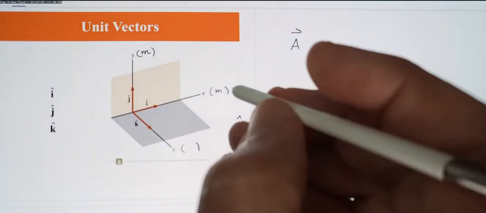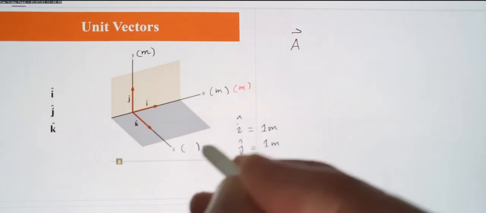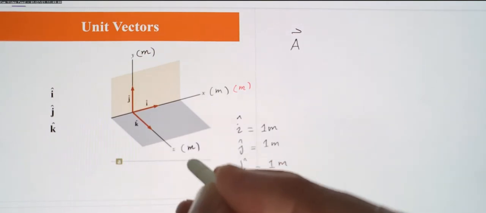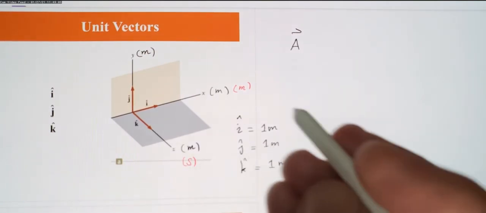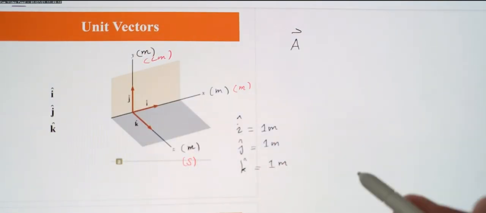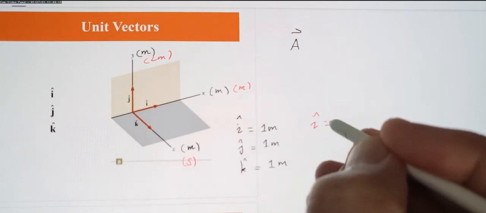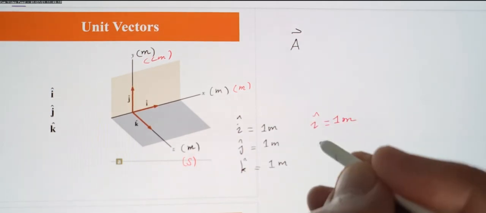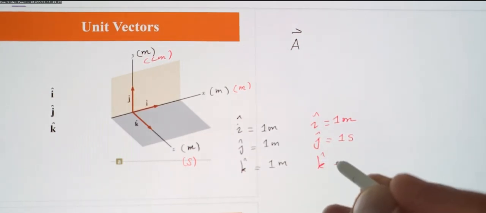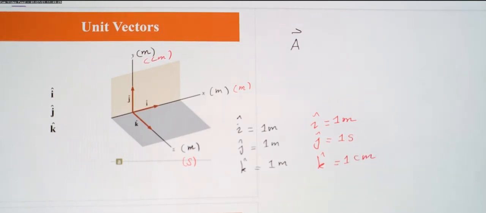So now x will stay as meter, z will be time, and y will be centimeter. So now my i will be 1 meter, my j will be 1 second, and my k will be 1 centimeter. Clear? That's a unit vector.